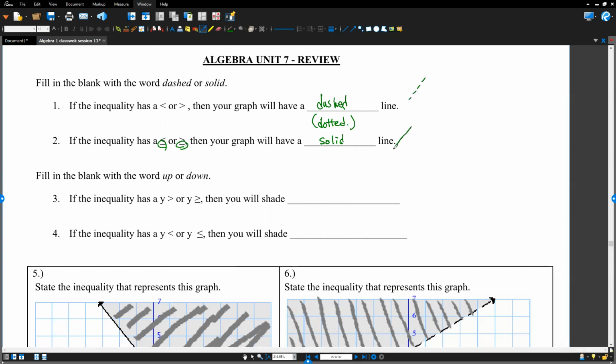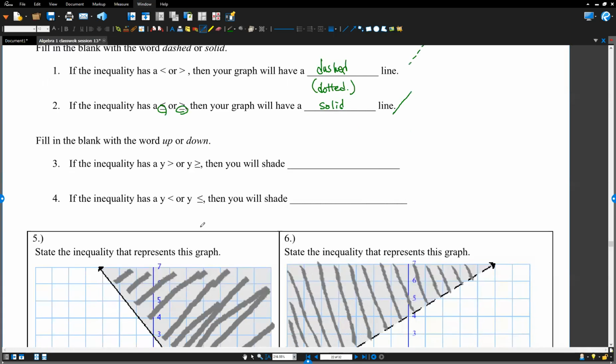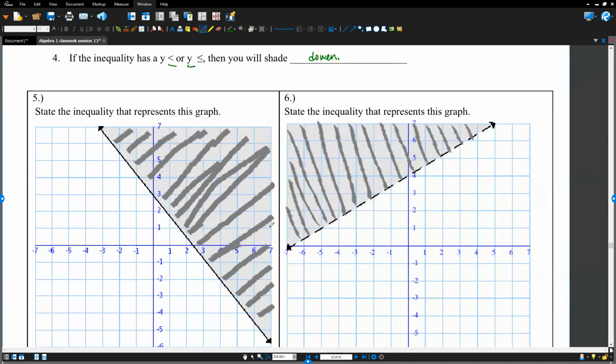This is a solid line. The inequality y greater than or y greater than or equal to is shaded in the upper part. Less than is down. And you see over here, these are both up.